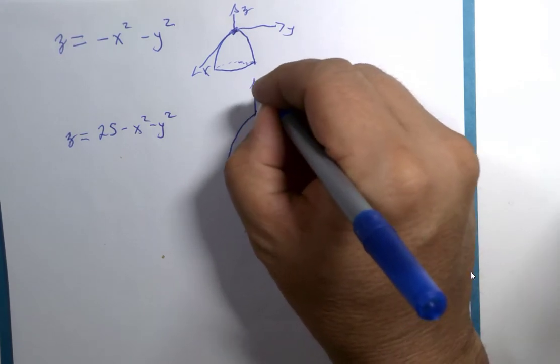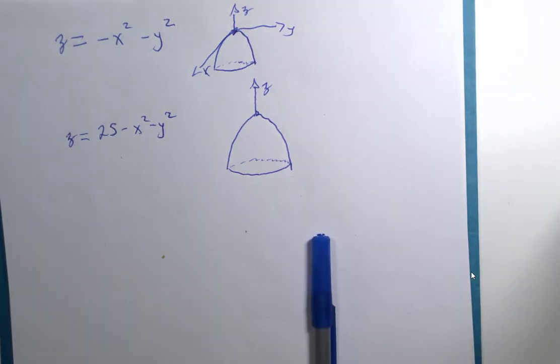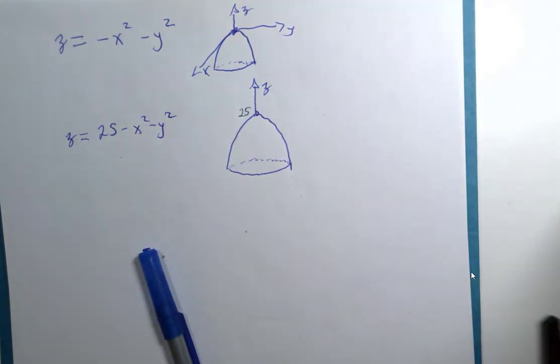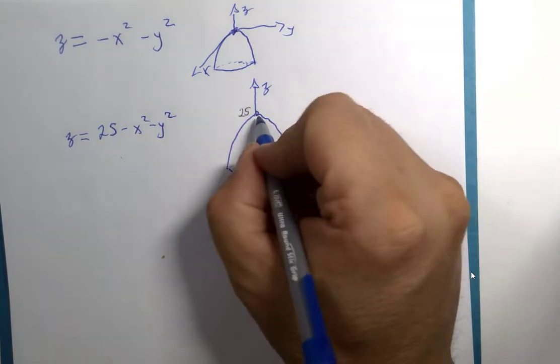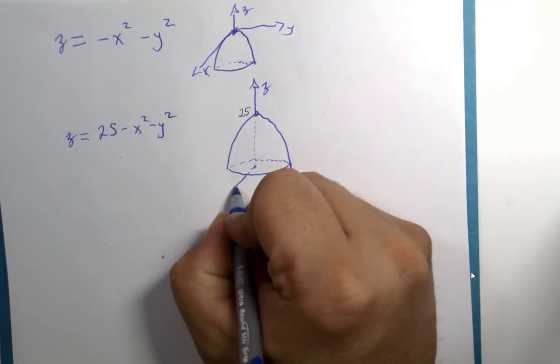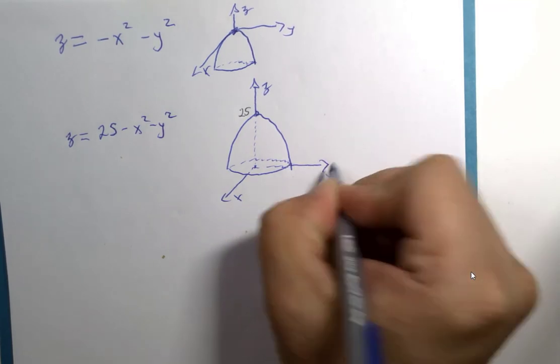And we would let that be the z-axis. Now, what's that 25 do? Well, it raises the graph 25 units up in the z-axis direction. So the z-axis comes down, there's your origin, and there's your x-axis, and there's your y-axis.